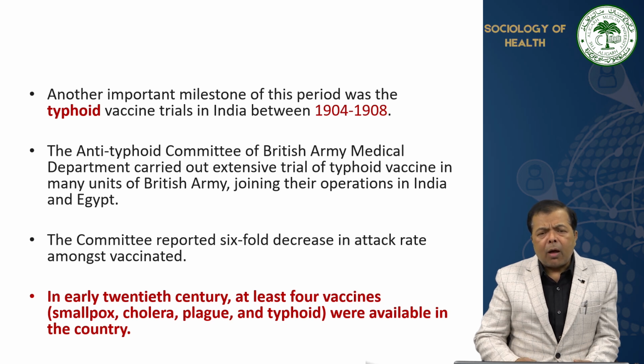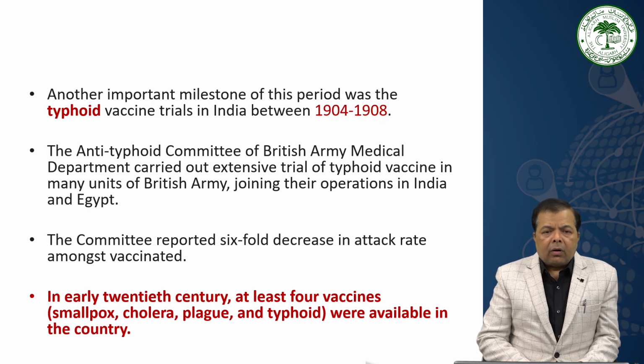Then there is another problem, and that is related to typhoid. We have seen this at the global level in some of the previous lectures also. Typhoid vaccine trials in India were conducted between 1904 and 1908.